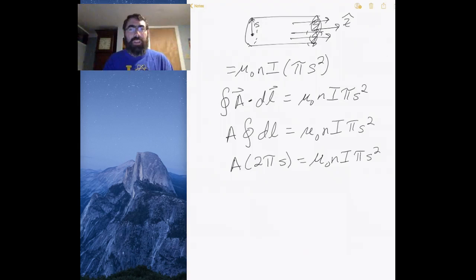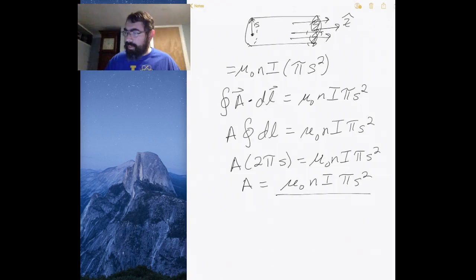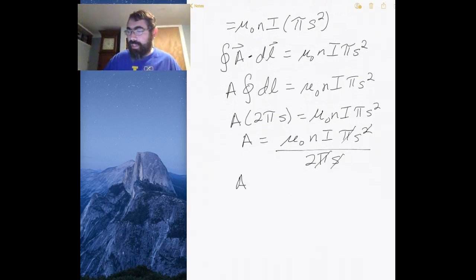So inside the solenoid then, what we have is the magnetic potential is mu 0 Ni pi s squared divided by 2 pi s. So I cancel the s's, I cancel the pi's, and I get A is equal to mu 0 Ni s over 2.